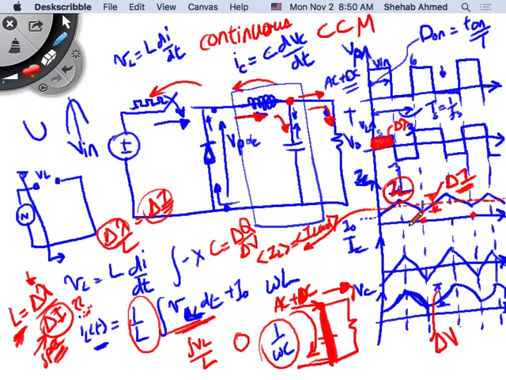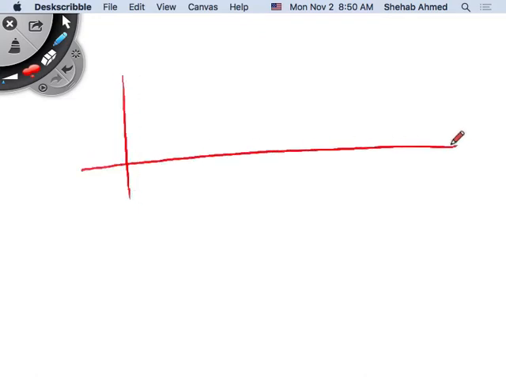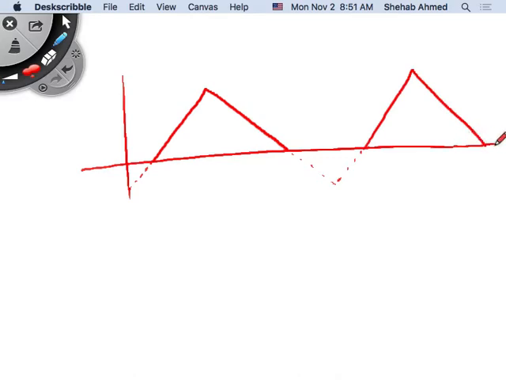And beyond that, if I reduce my load current more, I will end up with a current waveform that looks something like this. This is called discontinuous current mode.